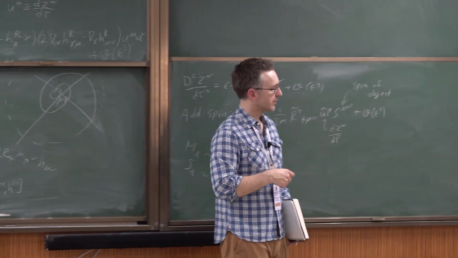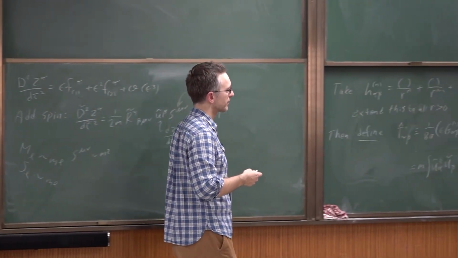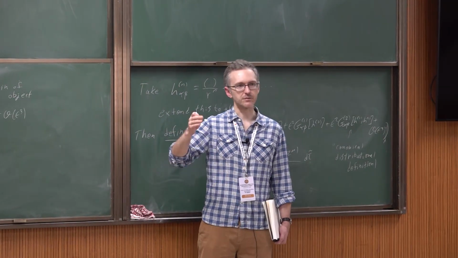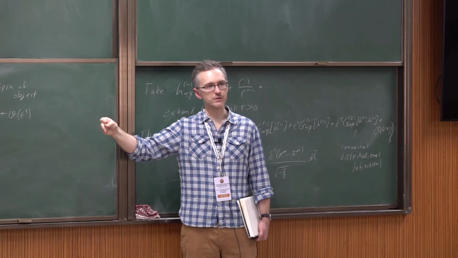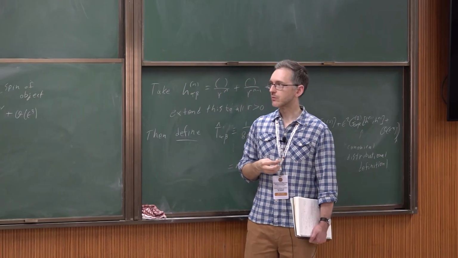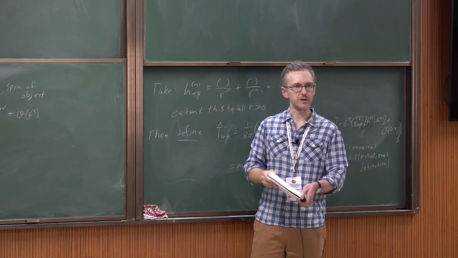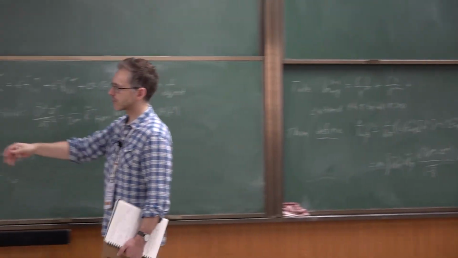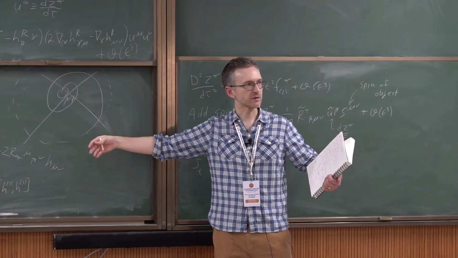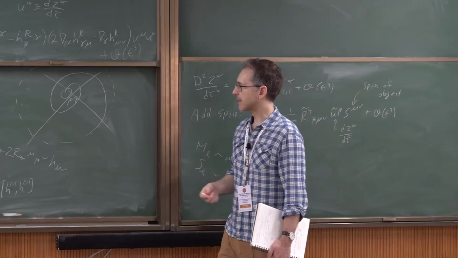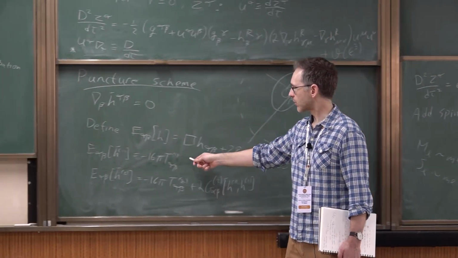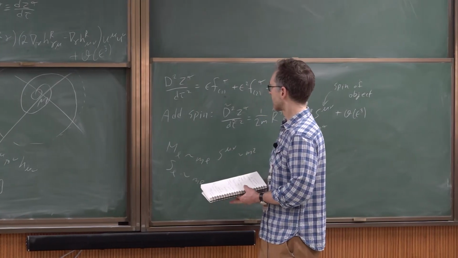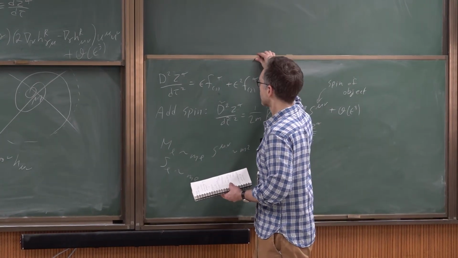But once you're beyond linear order, you can't really think anymore of having sequences of geodesic sources. But I'll get to that tomorrow with the multi-scale expansion. So this is just a way to formulate the equations so that they are accurate on long time scales, and they allow me to get an h1 that's sourced by an inspiraling trajectory.